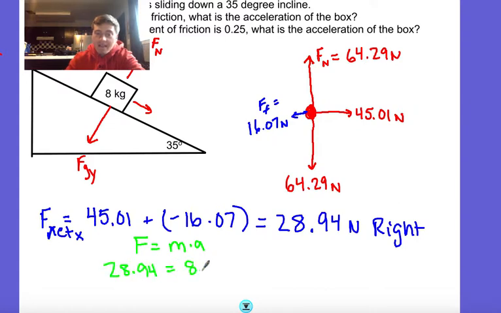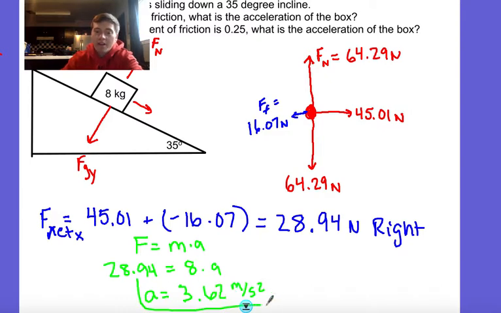The mass is 8. Divide both sides by 8. And the acceleration is about 3.62 meters per second squared, which is, of course, and obviously slower than when there's no friction. If you got an acceleration that's higher, now that there's friction, you messed up.